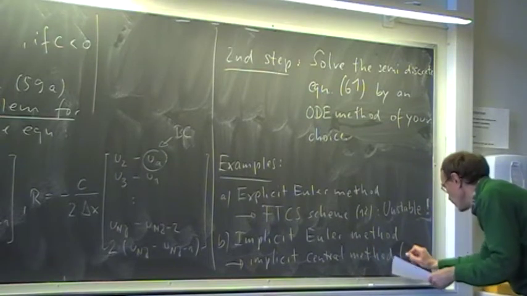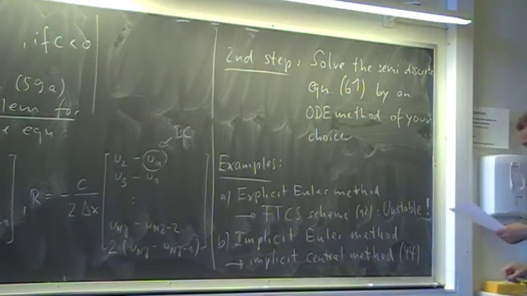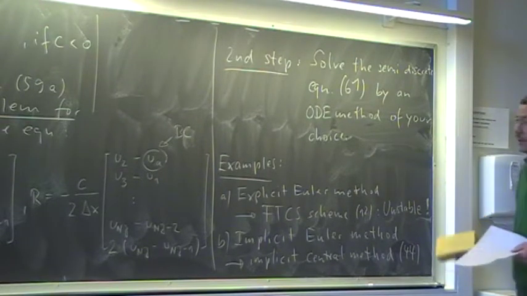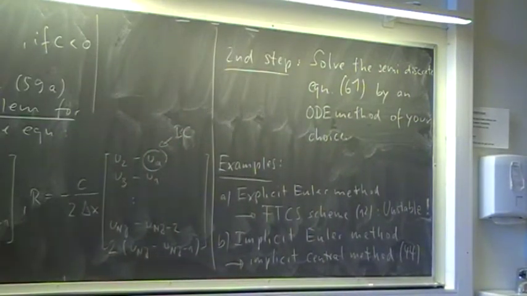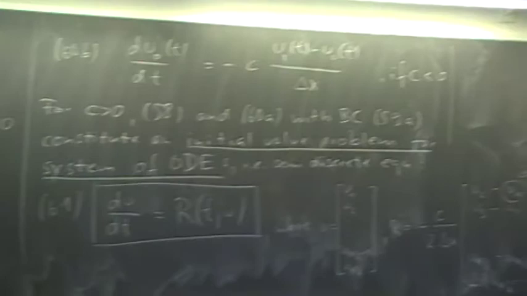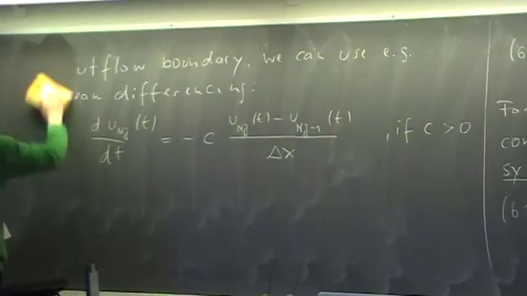That was number 44. And that method was actually unconditionally stable, first order in time, second order in space, as we use second order central differencing. That we use first order at the boundary is not so serious. We can afford going one order lower at the boundary. It doesn't hurt the global order.